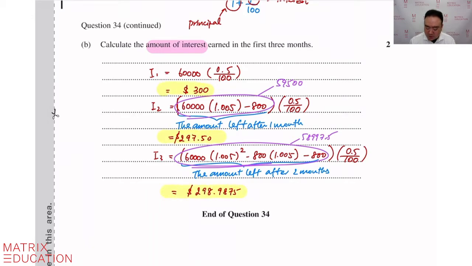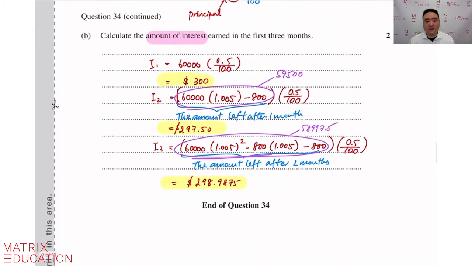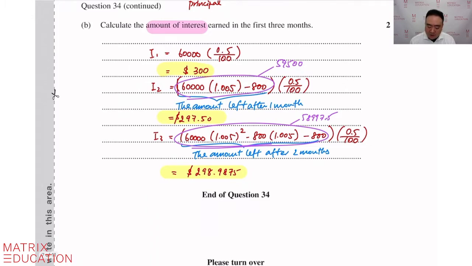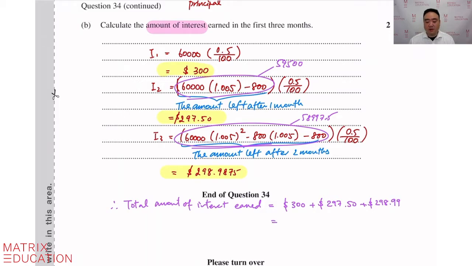That has been earned in the first 3 months, and you can sum it. So you can say, therefore, total amount of interest earned is 300 plus 297.5 plus 298.99, and that would just be the total amount.